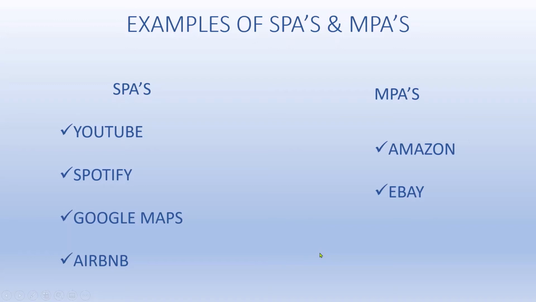On the other hand, if we're building something like Google Maps, Airbnb, YouTube, etc., we can go with a single page application. But having said that, we are going to be using Angular to create a simple e-commerce application, like I said in the beginning. And of course, our e-commerce application is not as complicated as Amazon's is, because we don't really have categories within our application.